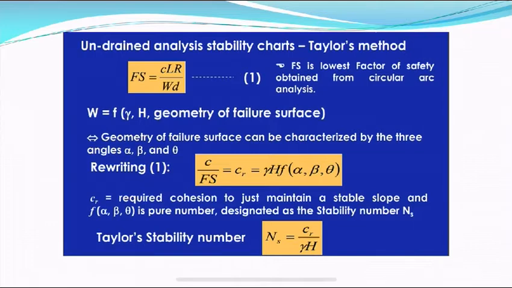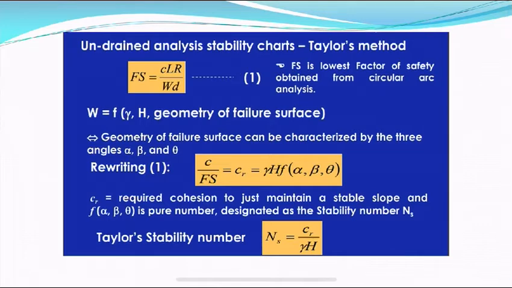The function of alpha, beta, theta is a pure number, and that is designated as the stability number. So the Taylor stability number is given by N S equal to C R by gamma H. C R is nothing but the required cohesion to just maintain a stable slope.